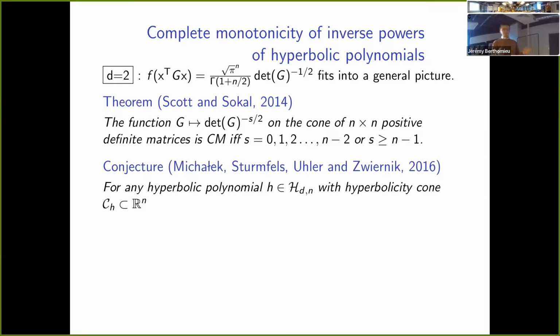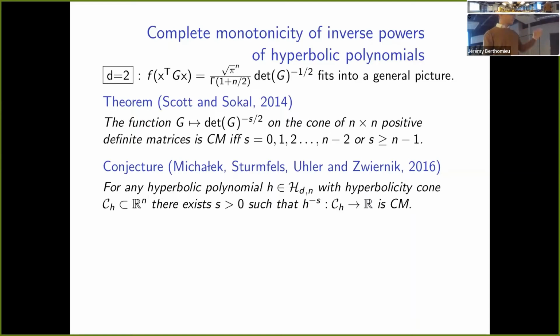They took any homogeneous hyperbolic polynomial with hyperbolicity cone that I denote by C_H. And then they conjectured that there exists some positive value s so that the -s power of this polynomial is completely monotone on the hyperbolicity cone.